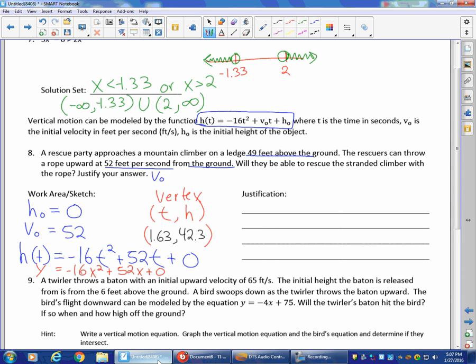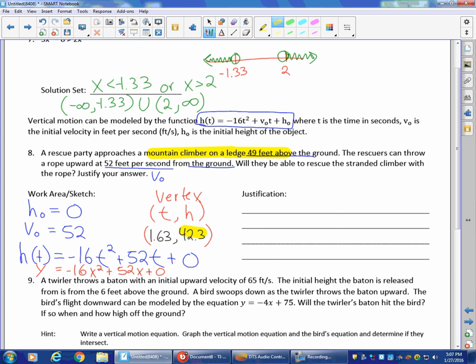Okay, so keep in mind that our focus was, now we go back to that 49 feet. Well, okay, let's compare this height, where that mountain climber's at, and let's compare this height. If this is the maximum height that they can reach, would they ever be able to get it to the mountain climber that's stuck?